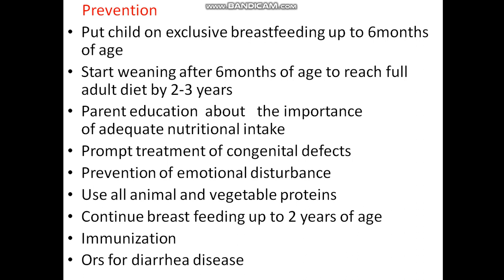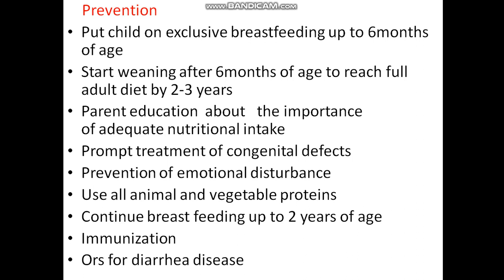Till now we have seen the nutritional disorders. First we saw malnutrition. What are the forms of malnutrition? Then protein energy malnutrition: factors influencing, causes, prevalence. There are two types of protein energy malnutrition: marasmus and kwashiorkor.